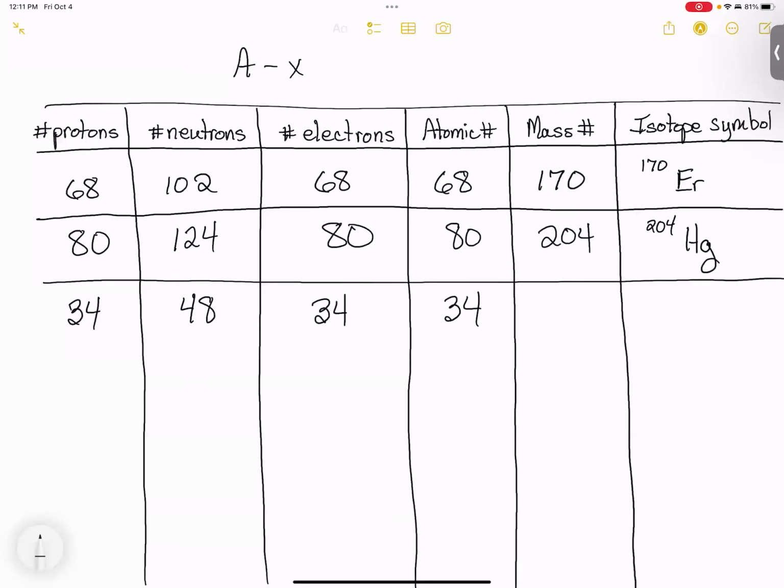Atomic number 34, just selenium. Now I just need the mass number. Mass number is number of protons plus number of neutrons, which is 82.